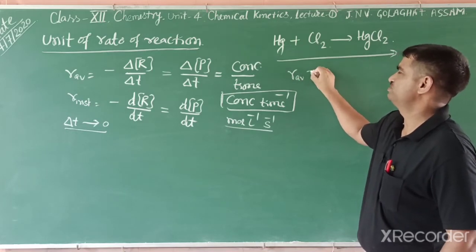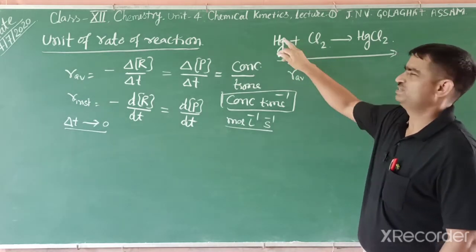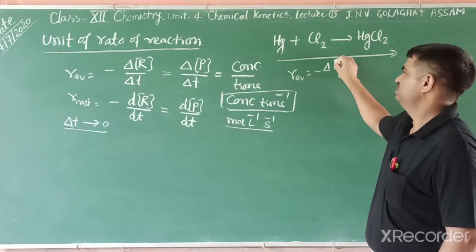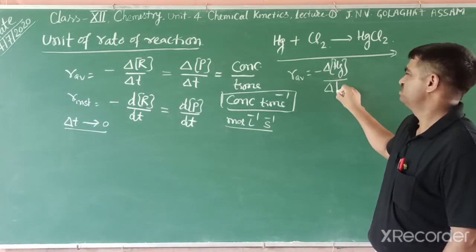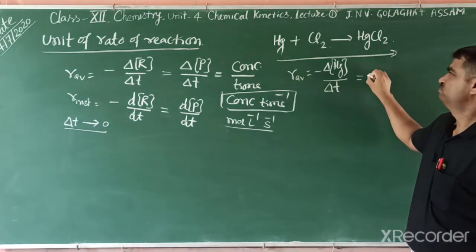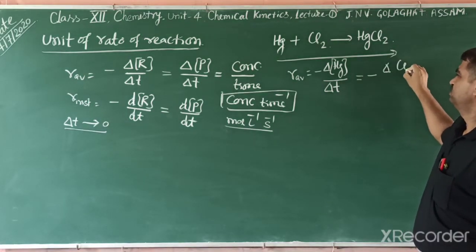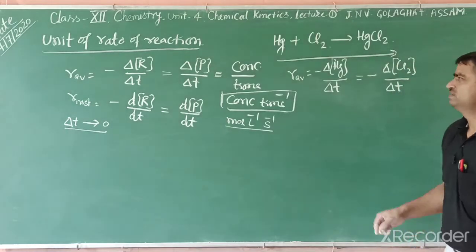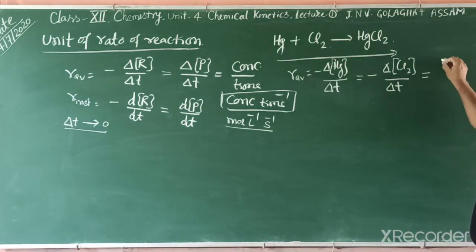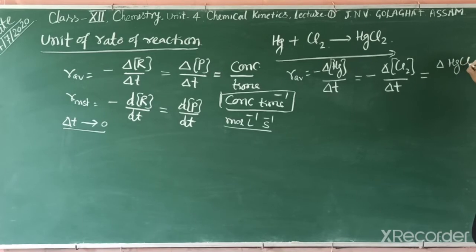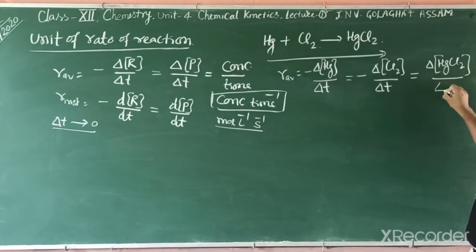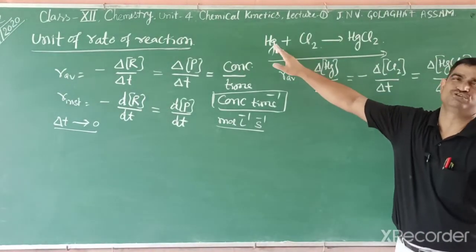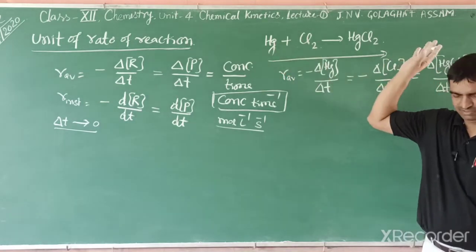Average rate R is equal to, mercury is a reactant, either we can take mercury or chlorine, means minus delta concentration of mercury divided by delta T is equal to minus delta concentration of chlorine divided by delta T, and we can write equal to the concentration of product HgCl2 divided by delta T. In this way all are rates and all are equal because their stoichiometry is equal: 1, 1, 1 like this.